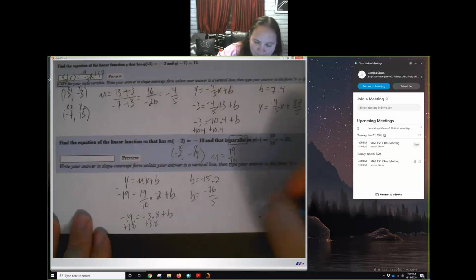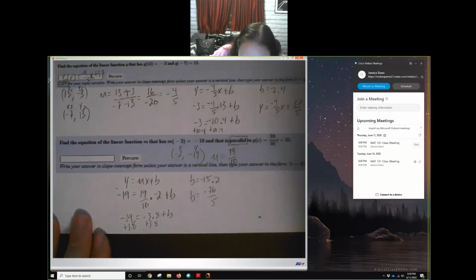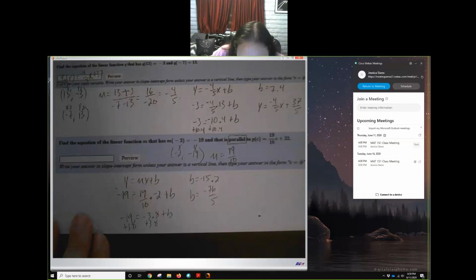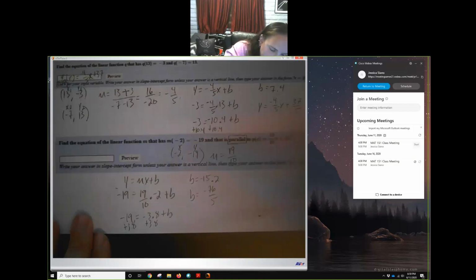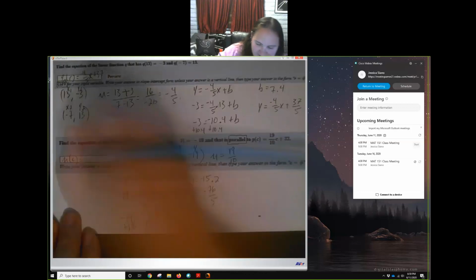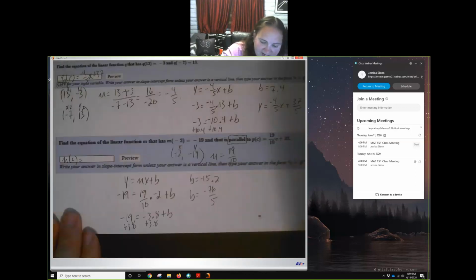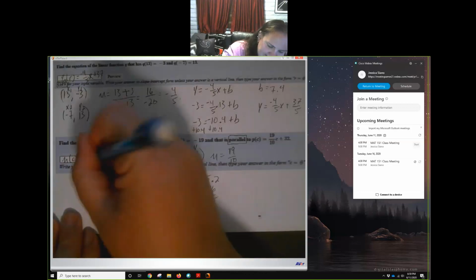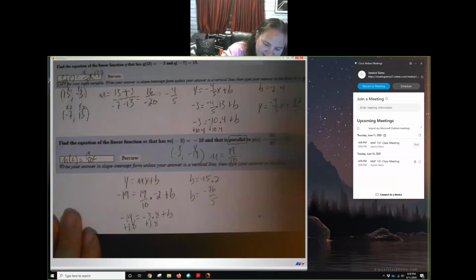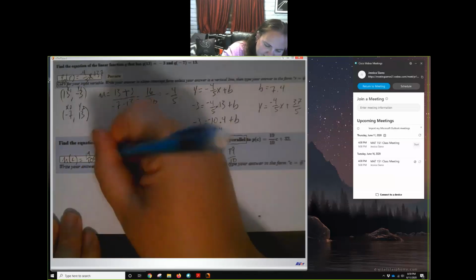So M of C is 19 over 10 C minus 76 over 5.